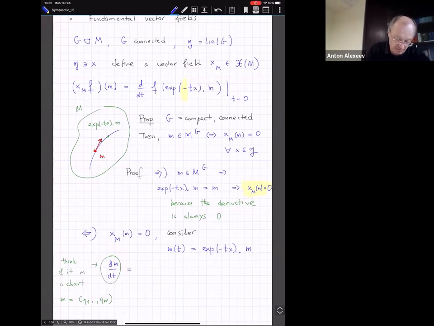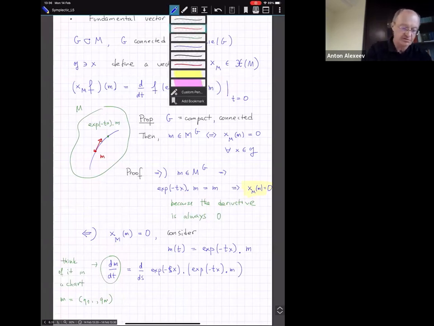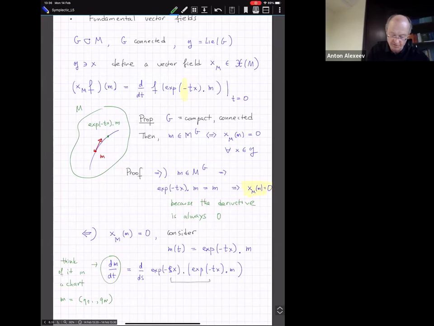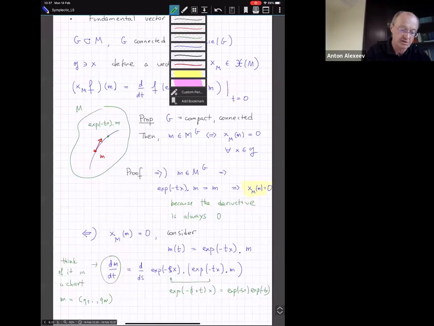That's the same as d over ds of exponential of minus (t plus s)x, acting on exponential of minus tx acting on m. Here I'm just making the definition of the derivative more explicit, and I'm using the fact that exponential of minus (s plus t)x is equal to exponential of minus sx times exponential of minus tx. And I put s equals 0.